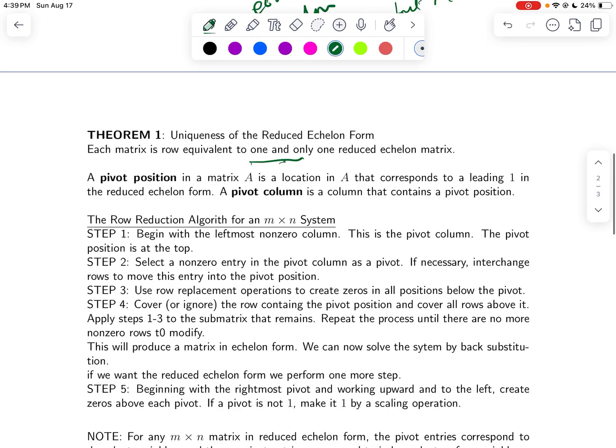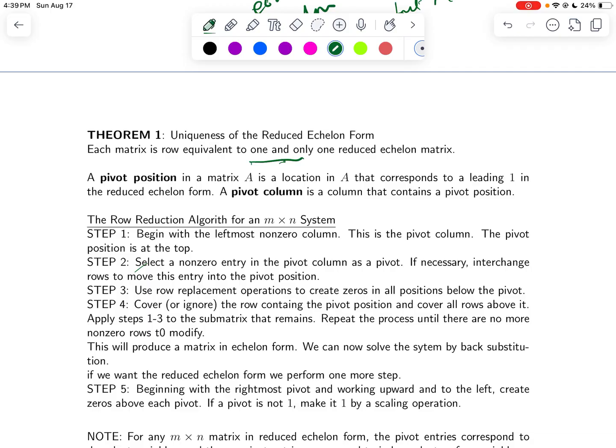So what is the algorithm, the efficient way of finding the reduced echelon form? So this is the procedure. Basically, remember, we have explained it before. Step 1 is begin with the leftmost non-zero column.